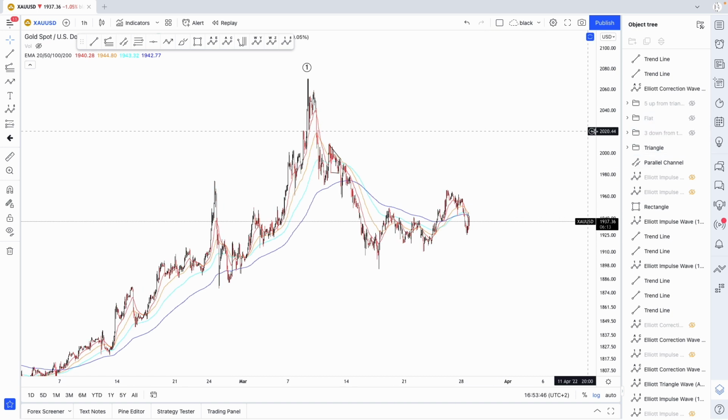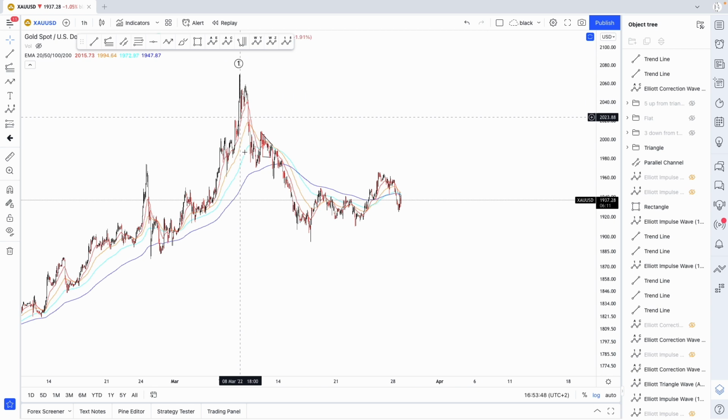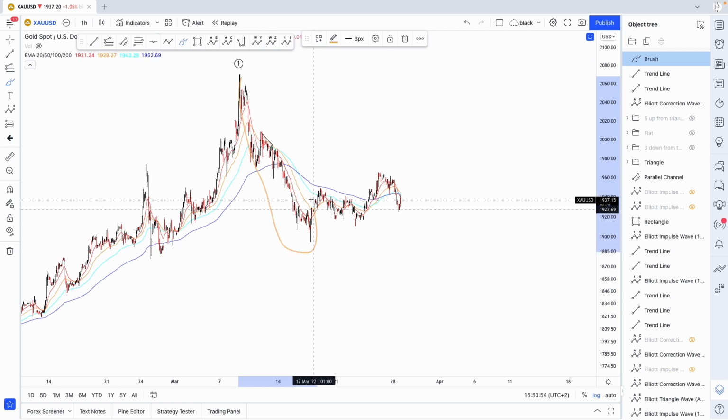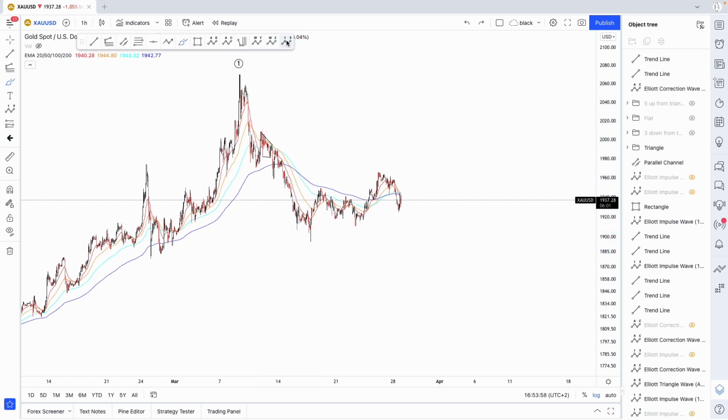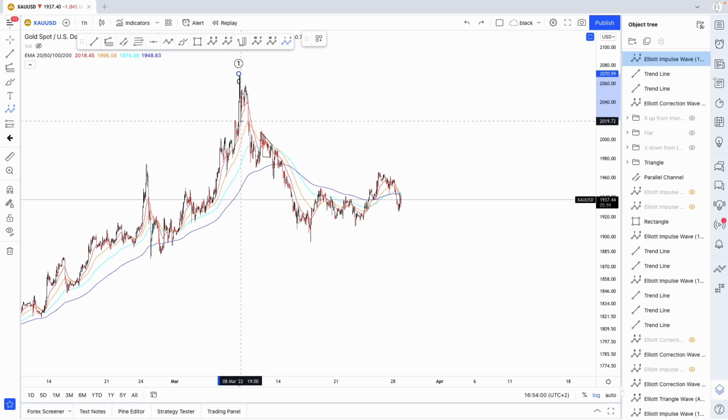So if that's not the case, then if we don't have a three-wave move down, which if we look at this, obviously looks trend establishing. Here I can count like this.